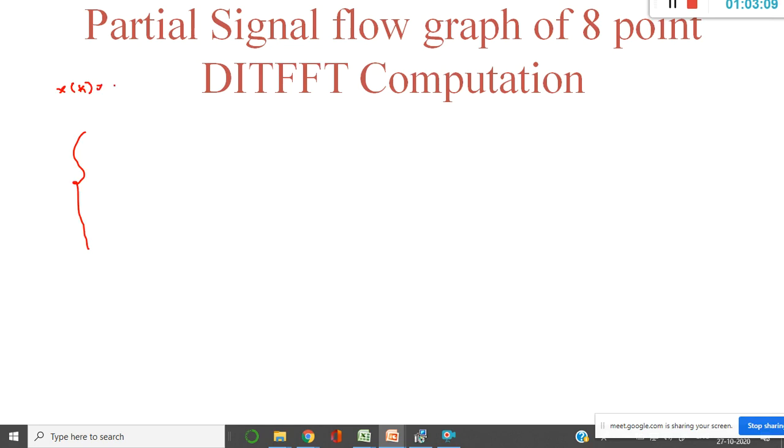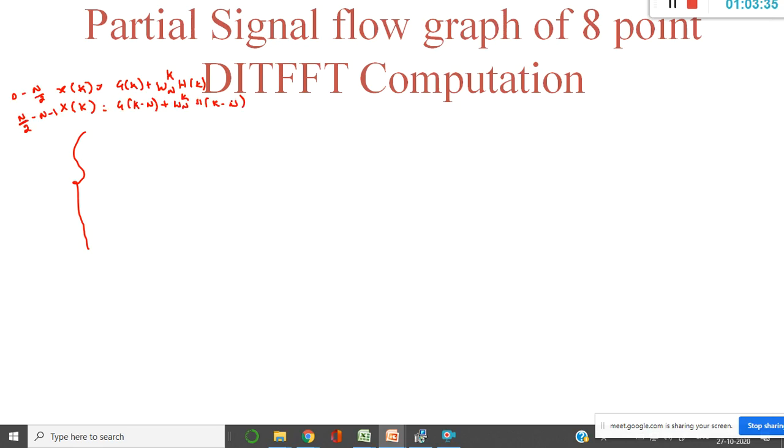X of k in terms of g of k plus W_N to the power of k times H of k, for k from 0 to n by 2. Again, for n by 2 to n minus 1, it is g of k plus W_N to the power of k times H of k.